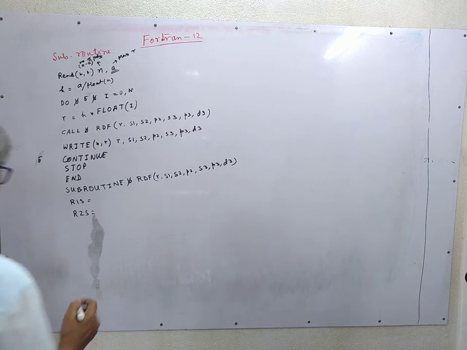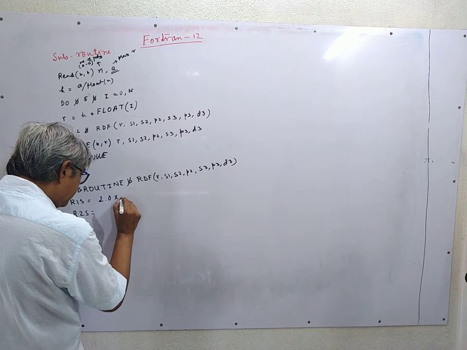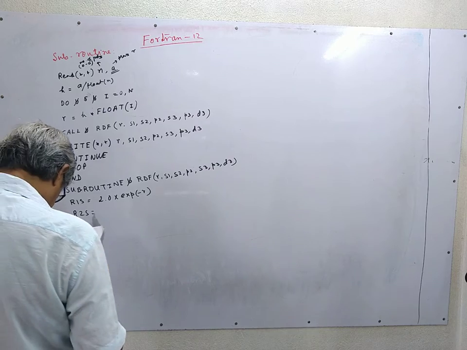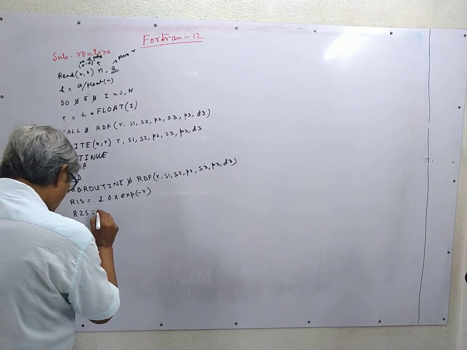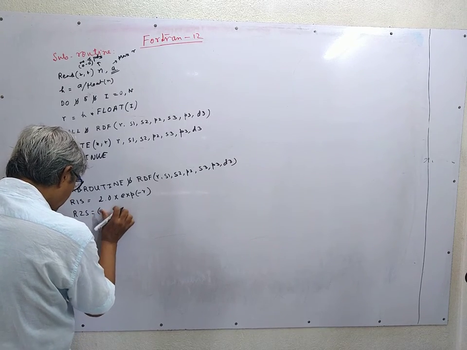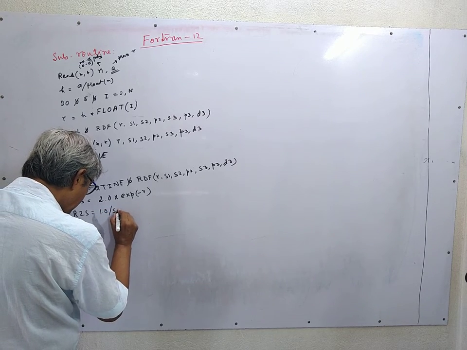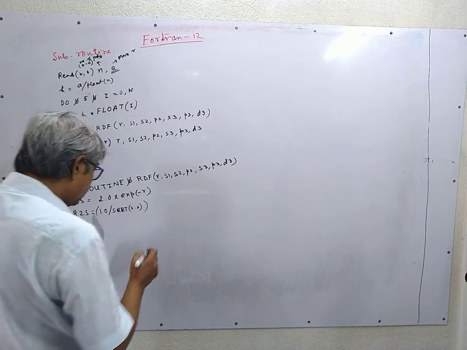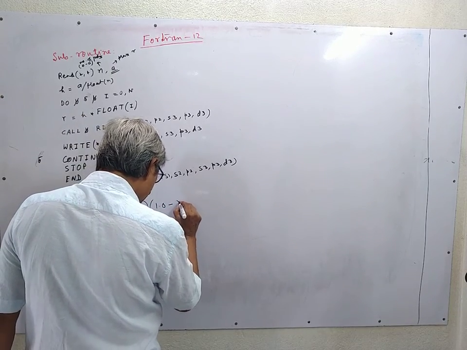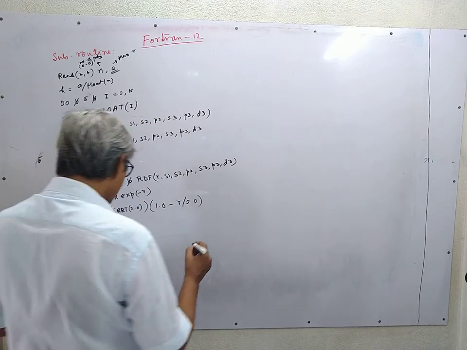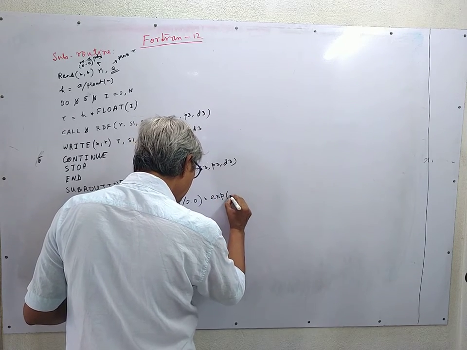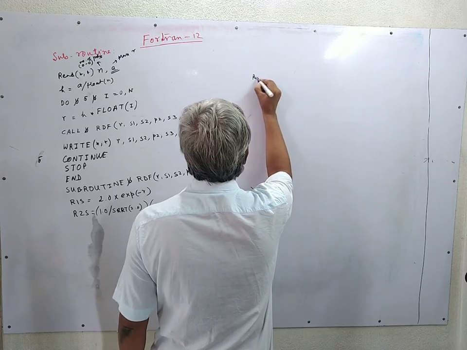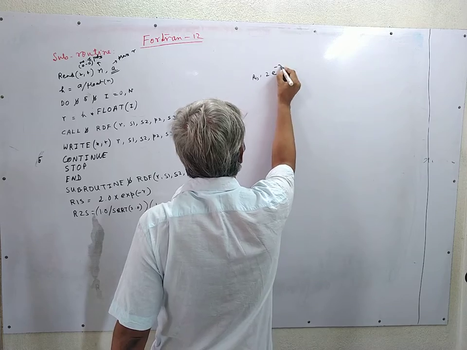R1s is given by 2.0 exp minus R. Actually R1s is 2 e to the power minus R.